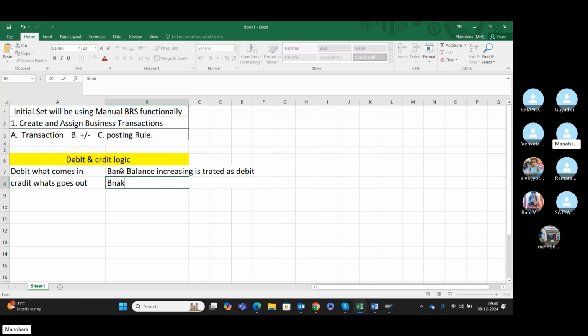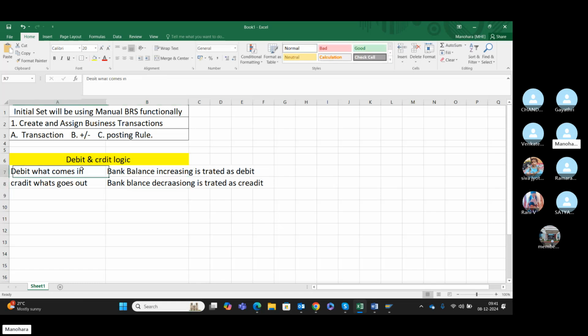Bank balance decreasing is treated as a credit, right?